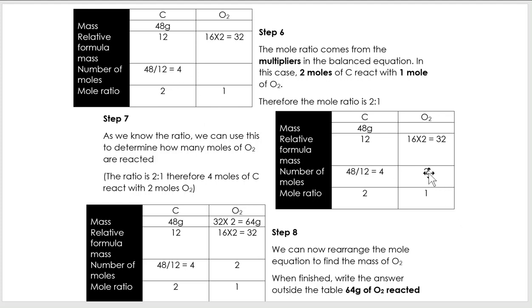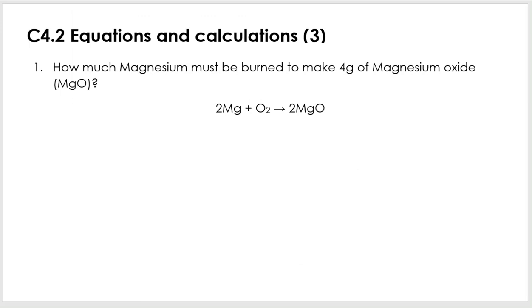So I can start to fill the table back in the other way. And because I've now got my number of moles and I've got my relative formula mass, I can multiply those together to get my mass of 64 grams. My final step is to make sure that that is written outside the table. So let's look at some examples, try each of these and then follow the review through.